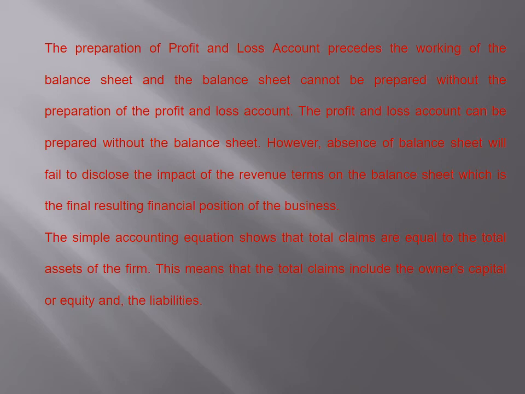The simple accounting equation shows that the total claims are equal to the total assets of the firm. This means that the total claims include the owner's capital or equity and the liabilities.